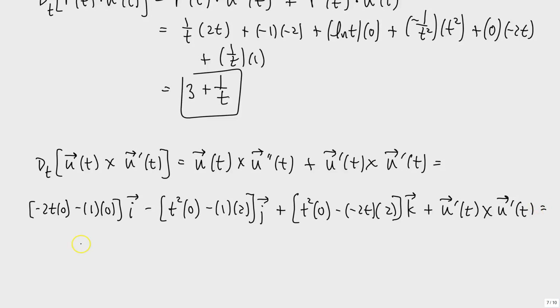So we clean that up. That is 2j plus 4tk, because that just comes out to be 0. Plus, now we got to do this cross product. So it's going to be negative 2 times 0 minus 0, negative 2.